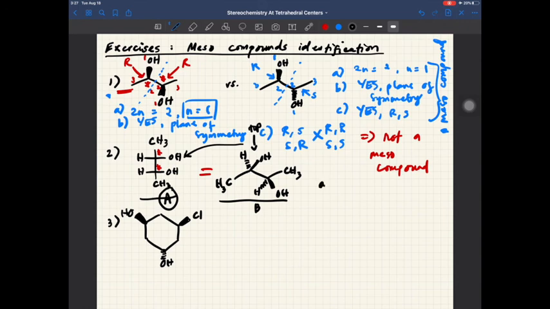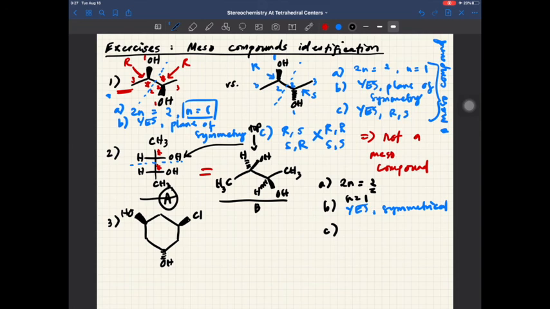So first is 2n equals 2. Because it has 2 chiral centers, 2n is 2, and n is equal to 1. So the first criterion is being met. Does it have a plane of symmetry? Yes, it has a plane of symmetry, which is this one here. Yes, symmetrical. The third one is, does it have alternating relative configuration?